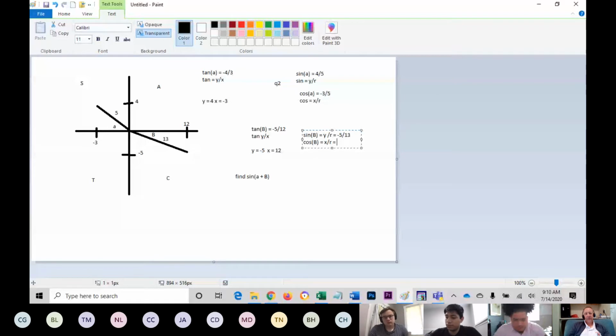To be honest, I'm waiting to see the whole problem so I can write it out because I'm a little confused. Okay, so I've got my picture here. This is my angle beta. We've got a 5, 12, 13 triangle. Cosine equals x over r. So what's your x in this case? 12. And what's your r?